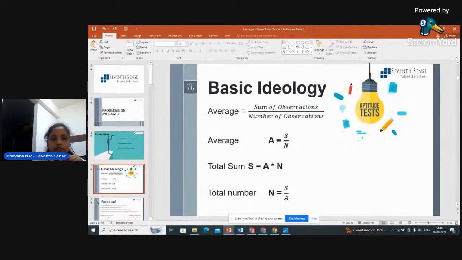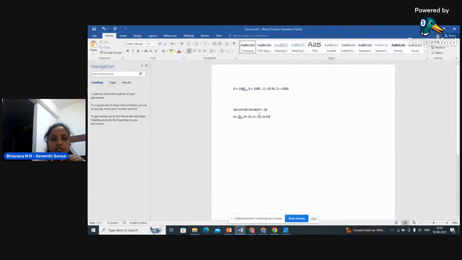Let's see. It's the basic ideology of average. As I told, to find the average we need the sum of observations. So this is called the sum of the observations.